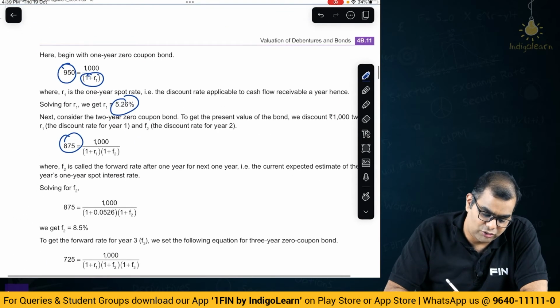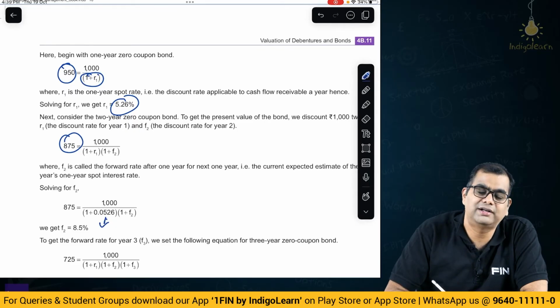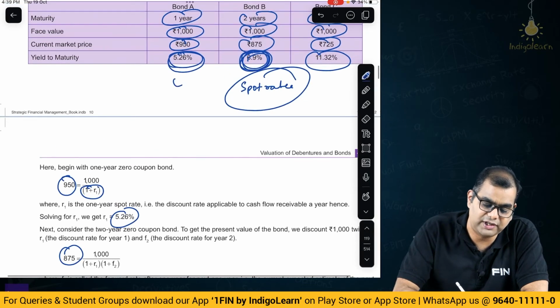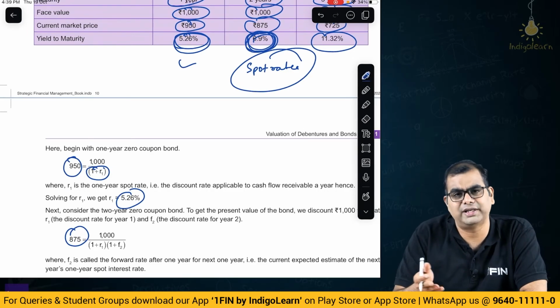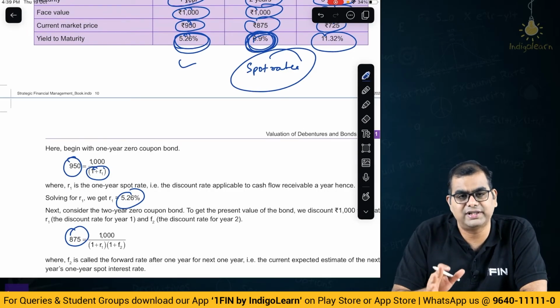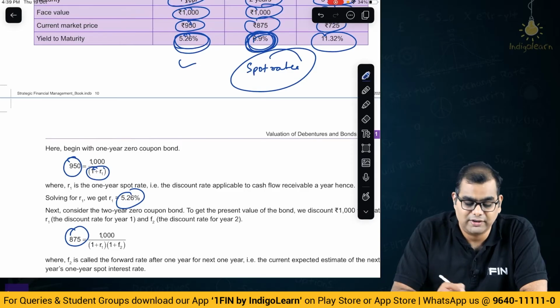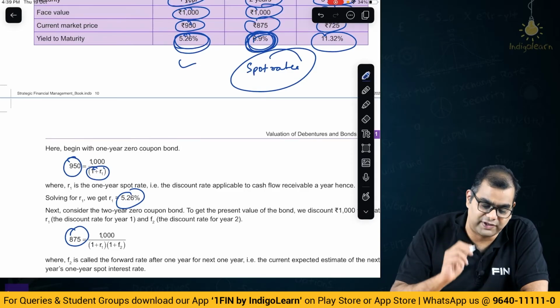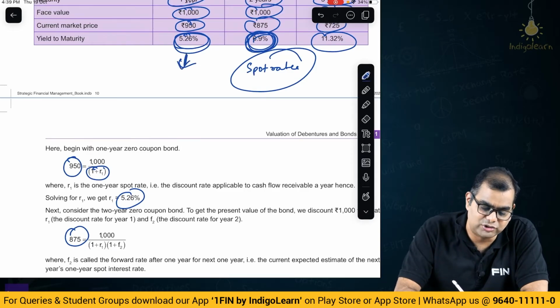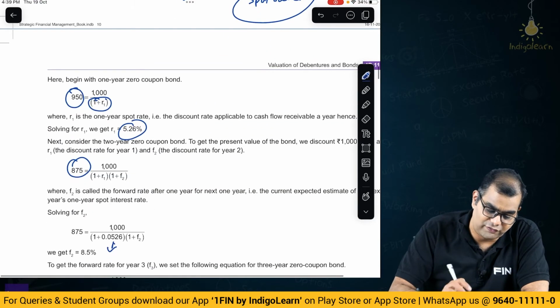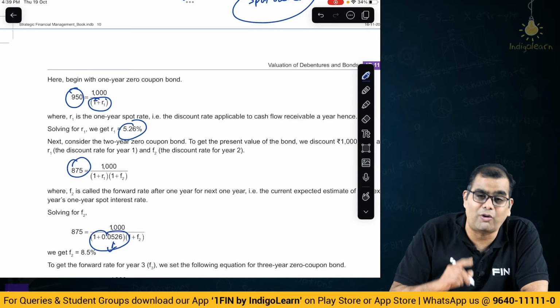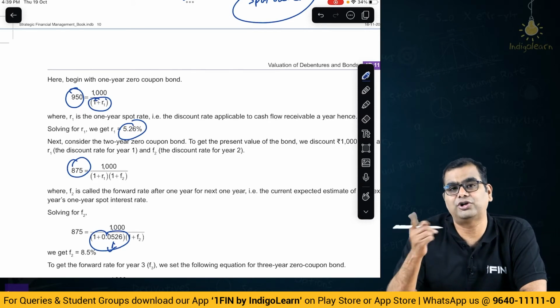But we already know for year 1 it is 5.26. We have just computed that because it's the same company, same credit rating, everything is the same, so the rates will not differ. They will differ only if the period is different. So, for 1 year it is 5.26 and for 2 full years it is 6.9. But for the first year it is 5.26. What is it from the end of year 1 to year 2?